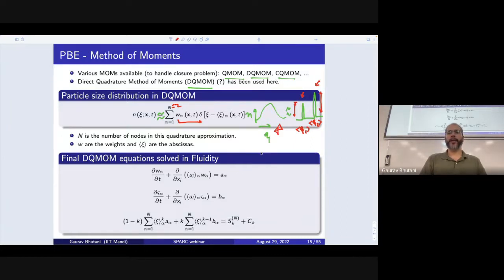Now, what effect does it have? Well, let's see what happens if we calculate the kth moment. So the kth moment is the integral of xi to the k times n. In this case, it simply becomes the summation over alpha from 1 to n of w alpha times xi alpha to the power of k.